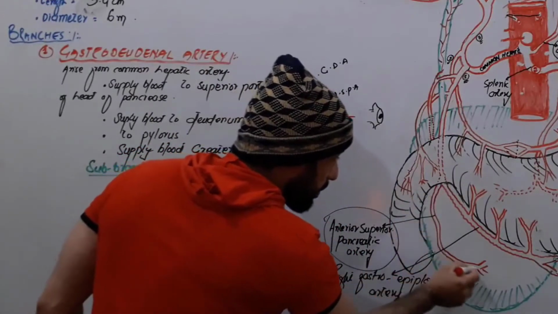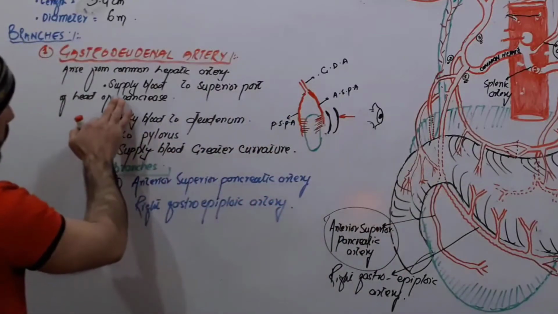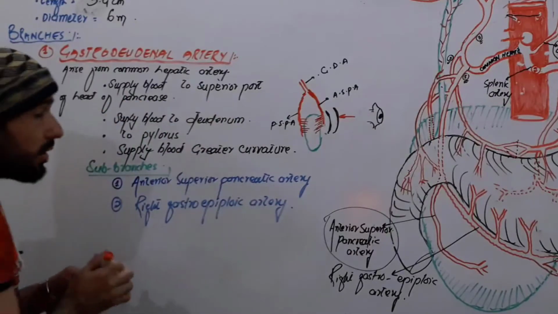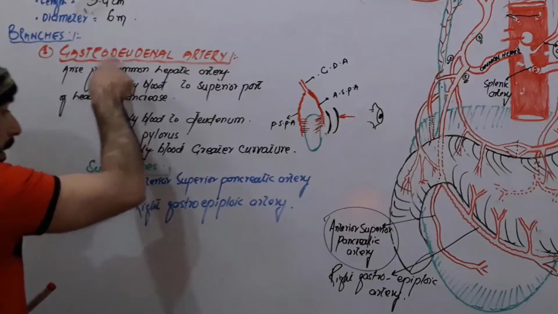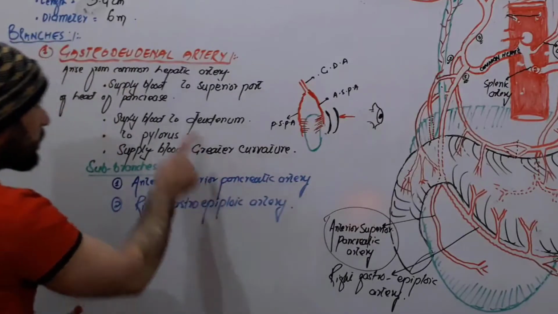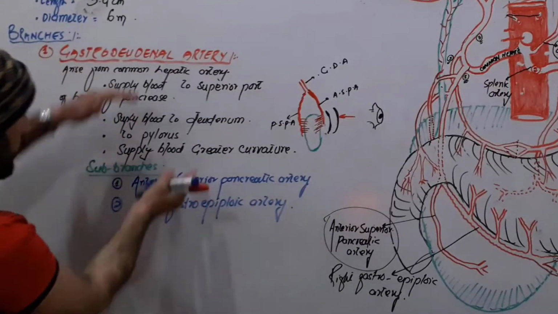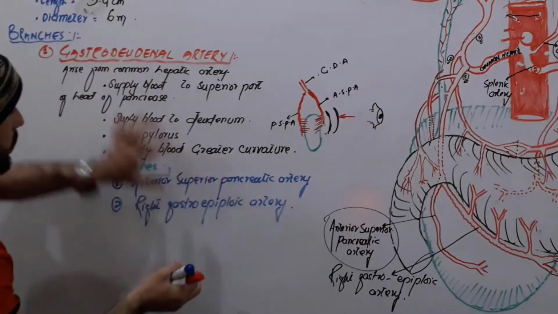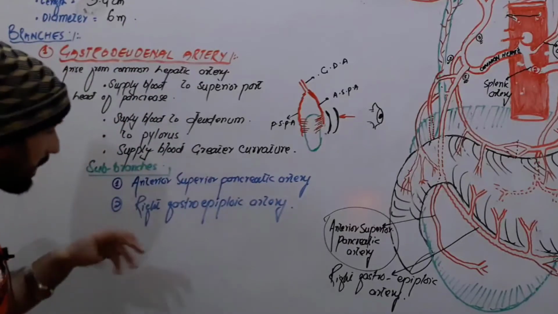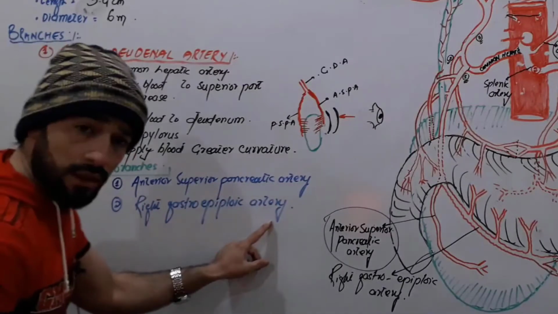This anterior superior pancreatic artery, I have written, is responsible for the head of the pancreas, the superior part. So this artery supplies blood to the superior part of the head of the pancreas, right? Here I have written all the blood supply given by this artery and its branches. Clear? So anterior superior pancreatic artery, right gastroepiploic artery.